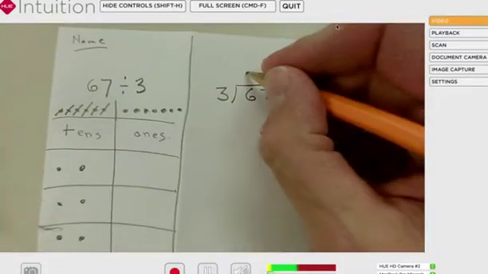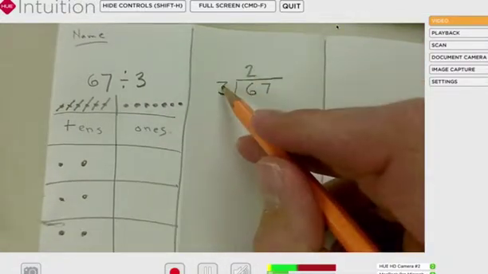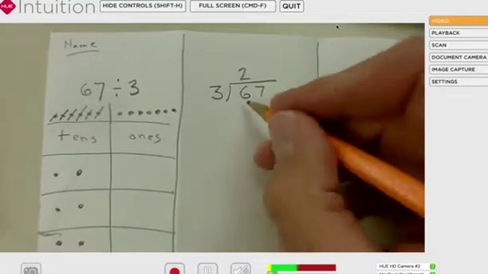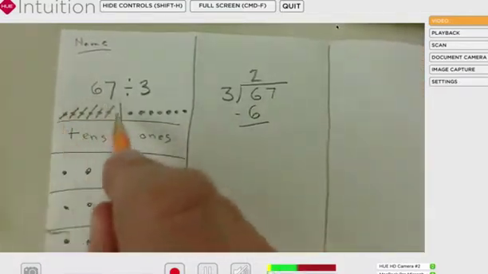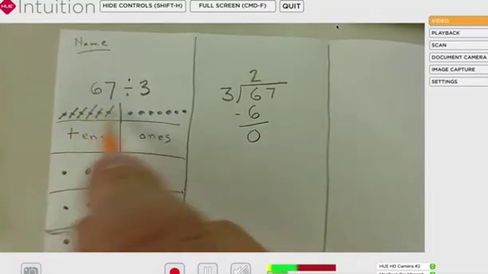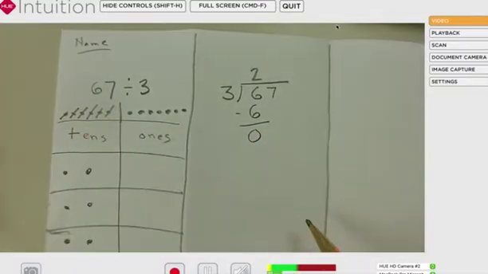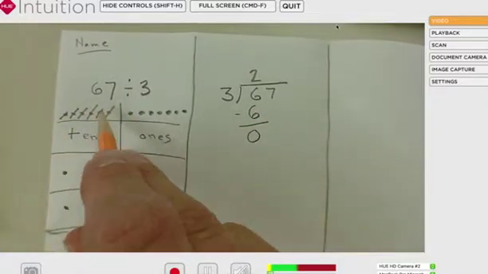It's 2. So above the 6, we're going to write a 2. 2 times 3 is 6. And how many tens are left over? None. I crossed out 6 out of 6. All 6 are crossed out. That's why it looks like this over here, and it looks like this over here.